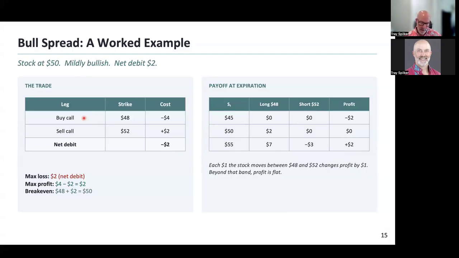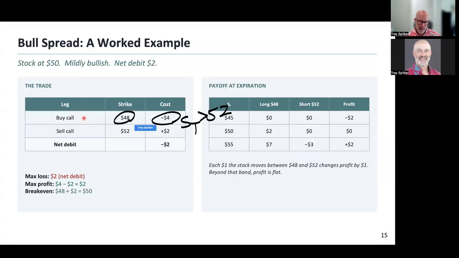Well, if you compared it to just buying the long call position, we would know our max loss on this one is $4, which is double the cost, right? And therefore, it only breaks even when the share price gets above $52, because the strike price is at 48.